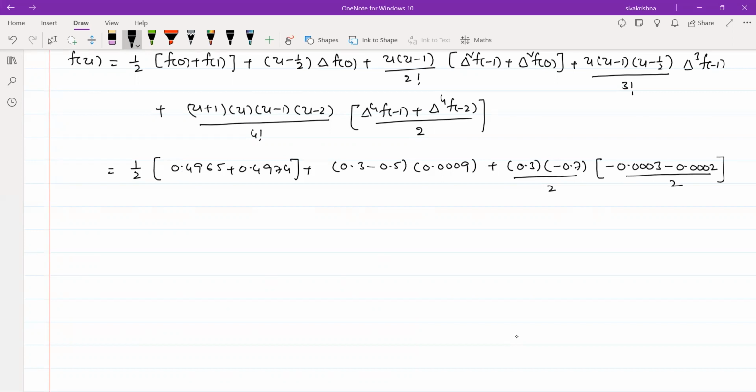Next, coming to the next difference, that is u plus 1, 0.3 plus 1 means 1.3, u is 0.3, u minus 1 is minus 0.7, u minus 2 is minus 1.7, by 4 factorial, which is 24, into delta power 4.